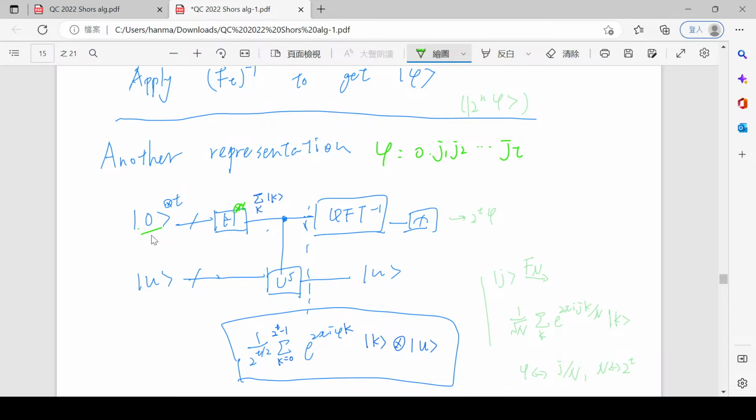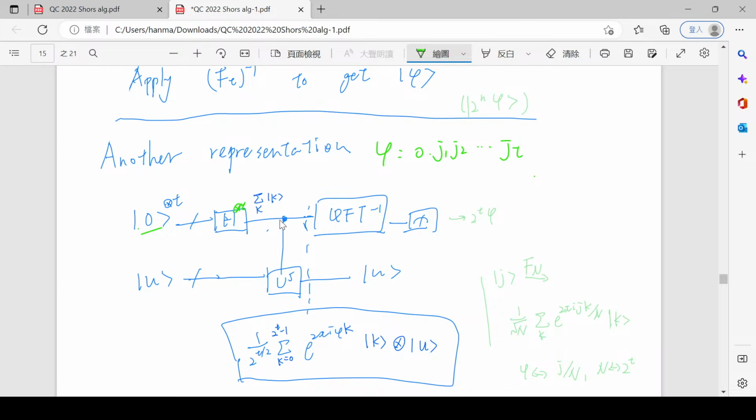And hopefully you still remember, if you have t bits and you apply Hadamard on all of them, then that turns those t bits into an equal superposition of all computational basis states. So this will be a summation, we are now in decimal, k from 0 to 2 to the t minus 1.